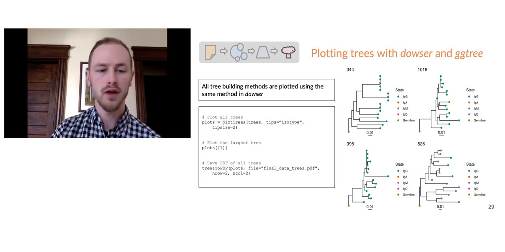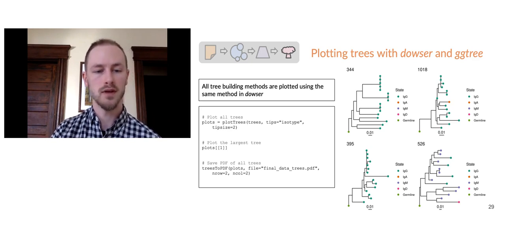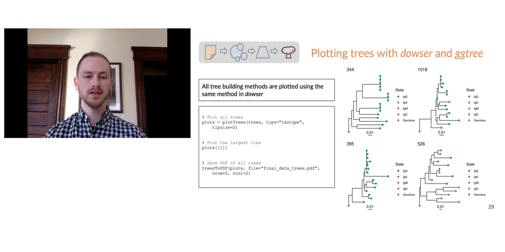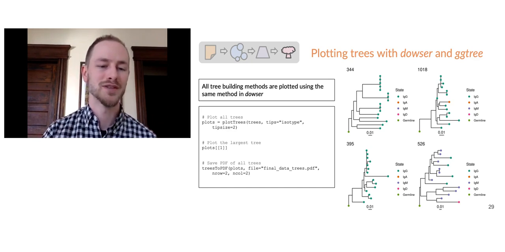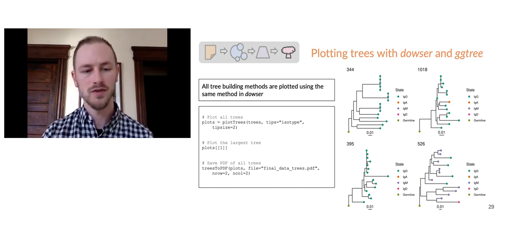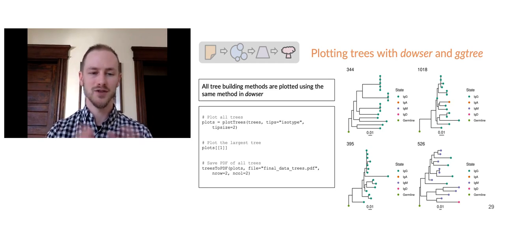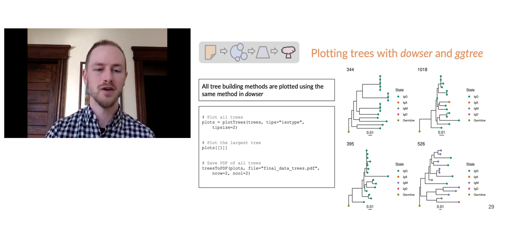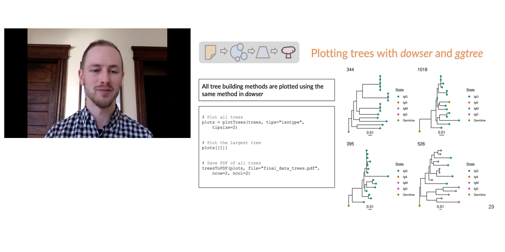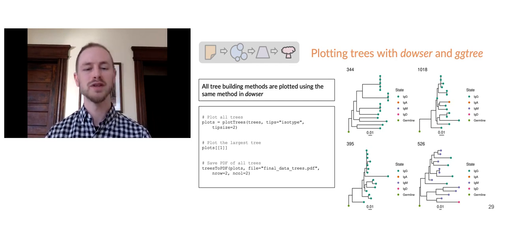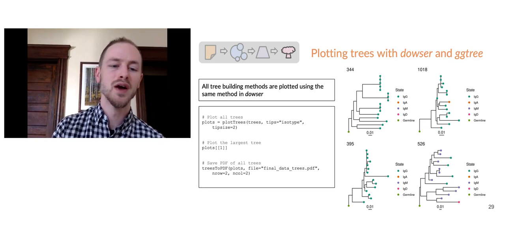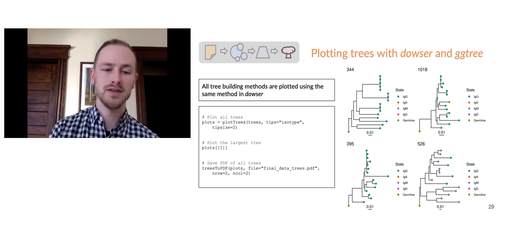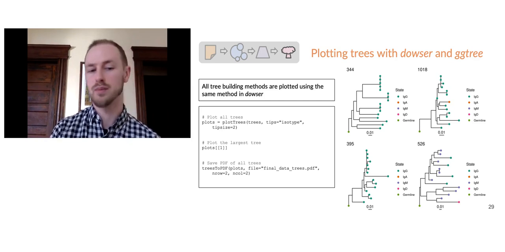If we want to plot the largest tree, we just plot the first element in this list. This function will give us a list of plots. If you just enter the plots list and try to plot all of them in an R terminal, you'll end up plotting all of the trees sequentially, which is not a very useful thing. What you can instead do is save this list as a PDF file.